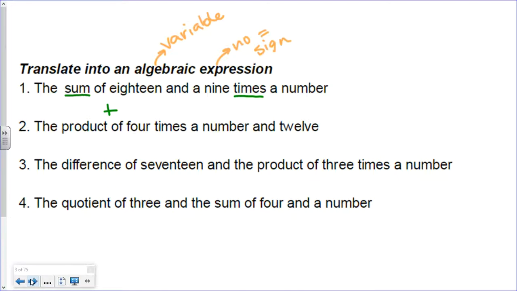I would not. This sum is actually going to go where this and is, okay? So what am I going to start with? The 18. And then what is this and representing? The sum, which is plus. How do I show times a number?